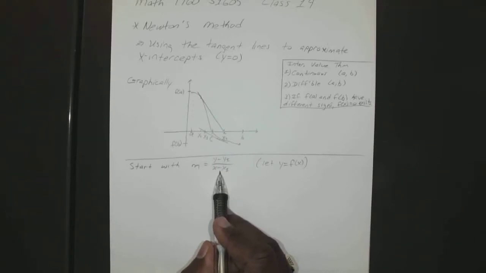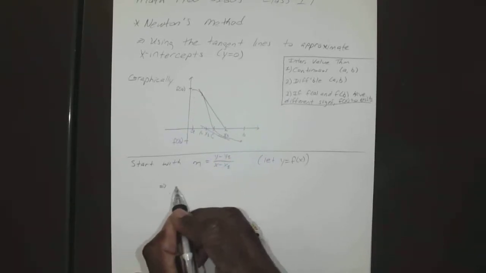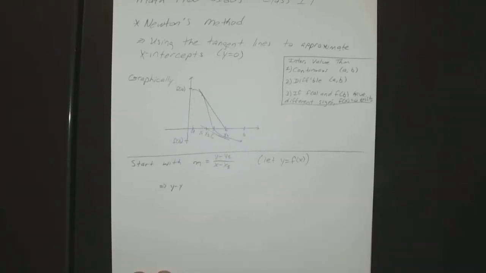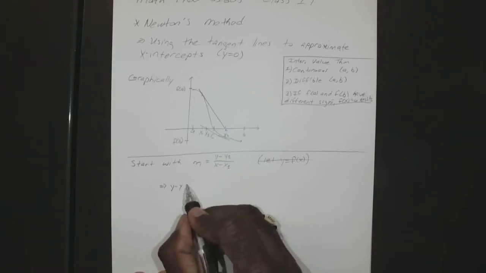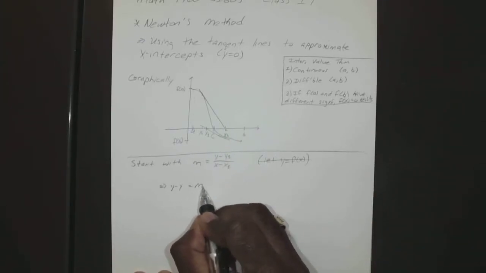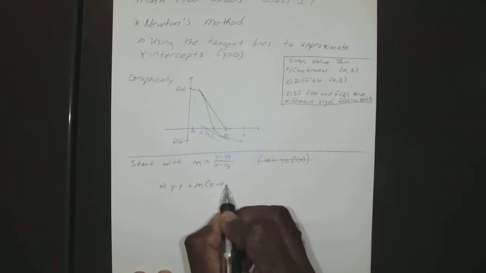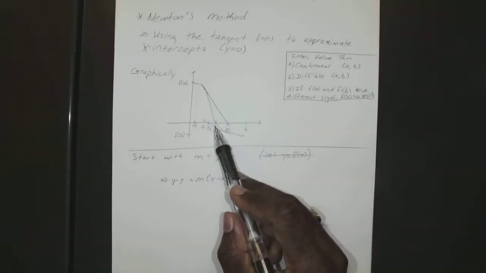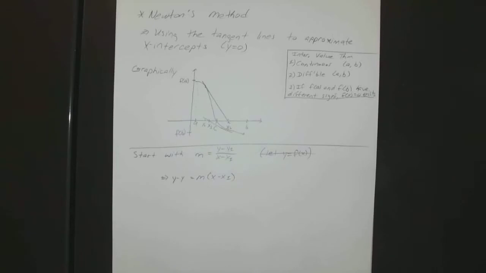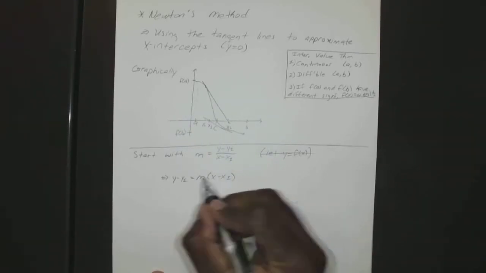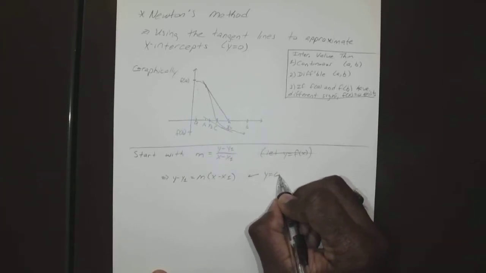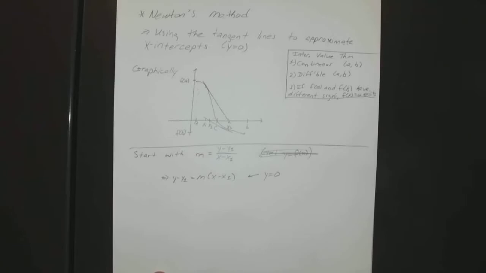Okay, so if we multiply both sides by x minus x1, you get y minus y1. Well, actually, you don't have to let y equal f of x because I'll show you why in a second. Equals the slope times x minus x1. Okay, so remember, we're looking for a value where your y is equal to 0. Uh-oh, we got y1. Okay, so remember your y is equal to 0, so that's why we really didn't need that y equals f of x.